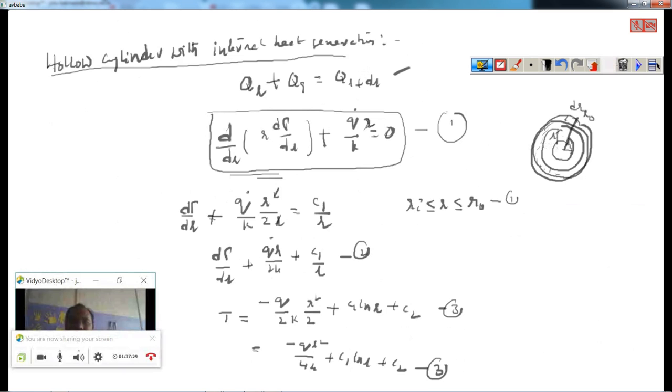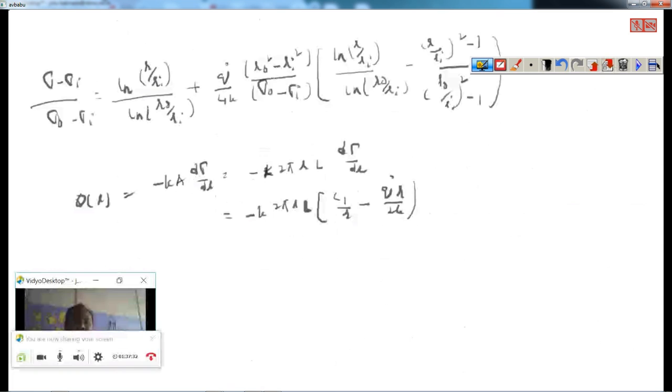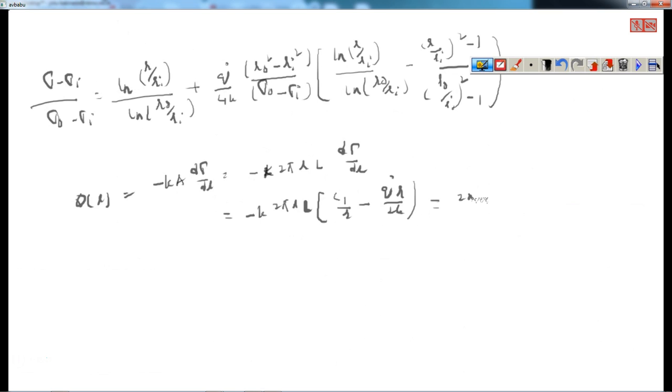Okay, all right. C1 equals 2 pi L into q dot r square by 2 minus C1 K, right?